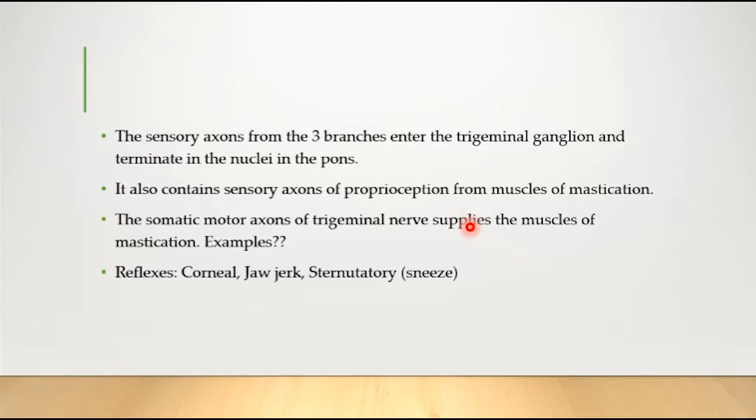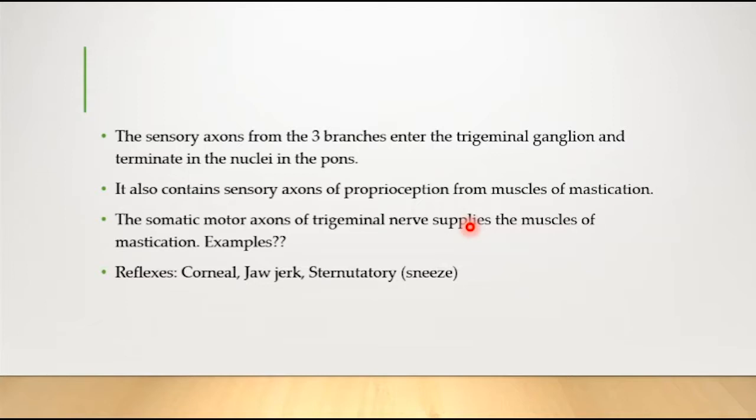Temporalis. Okay. It also has a special efferent to the anterior belly of the digastric muscle, and also the tensor tympani, the tensor veli palatini, and the mylohyoid.